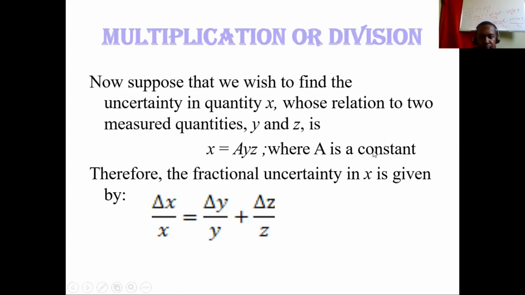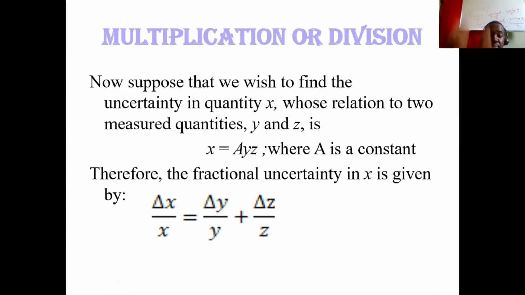What a constant is, basically, is something that is not measured by a measuring instrument. Just like the value of gravitational acceleration, we don't use an instrument to measure that value. It's done based on calculations, right? So there is no instrument to measure it. So it's known as a constant in this case.